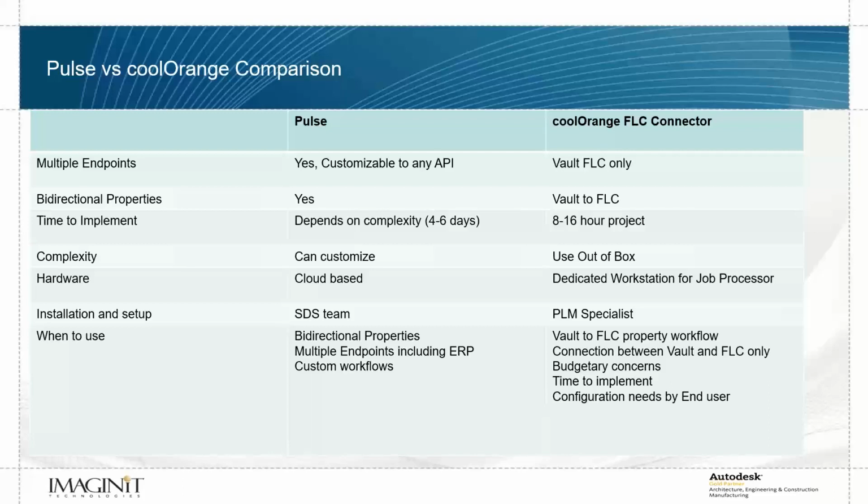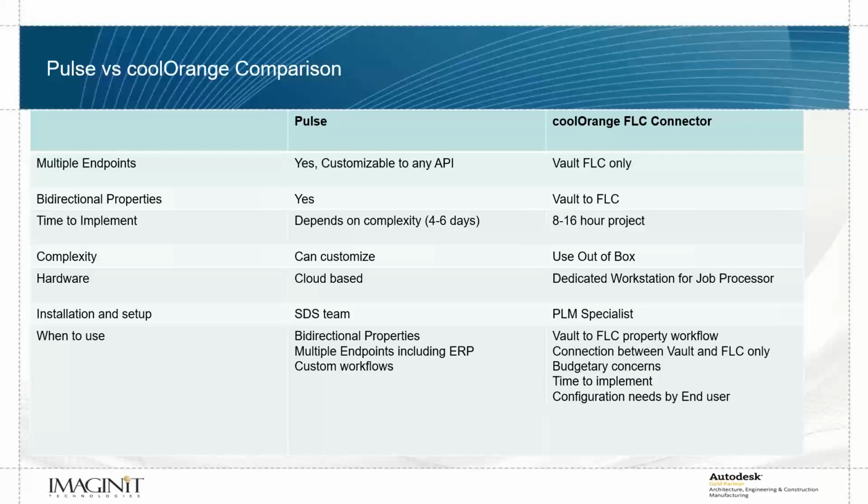The Cool Orange connector is very much connect Vault to FLC. That's it. We can do a lot more bidirectional things with Pulse than with the Cool Orange connector. There are some things you can kind of do bidirectionally. We can bring some information down, but the idea of true bidirectional properties, if I change it in one place, it changes in both, would only be true of Pulse. The other way, we would push information from Vault to Fusion Lifecycle.